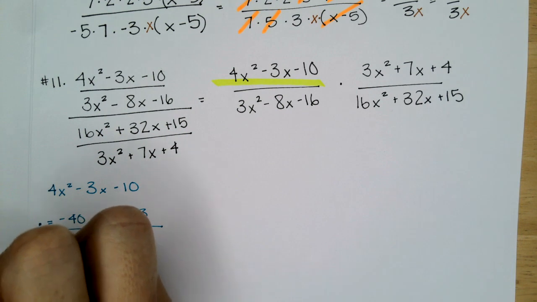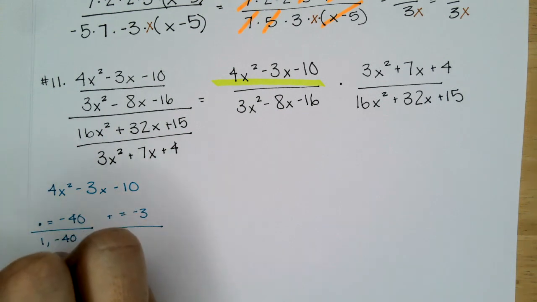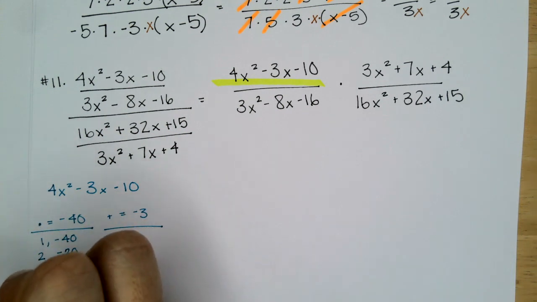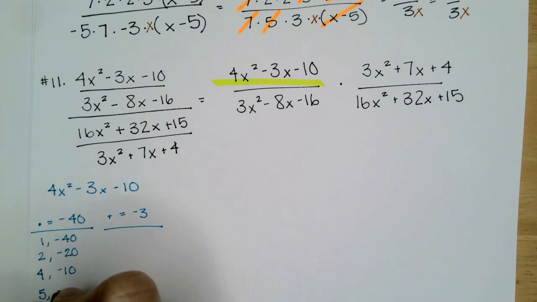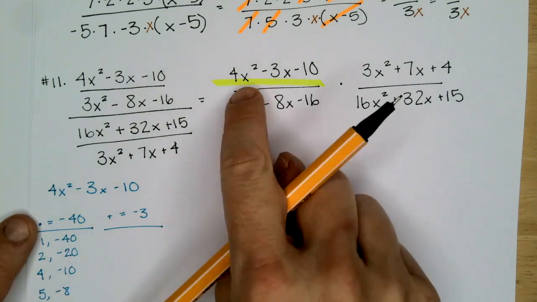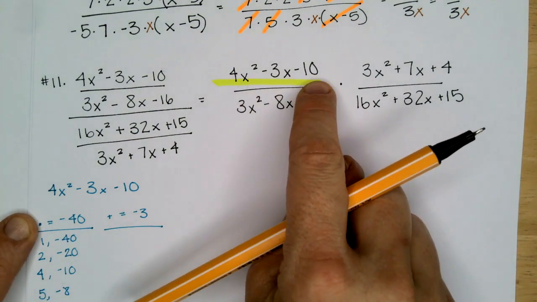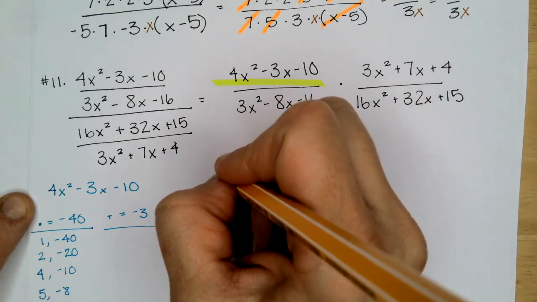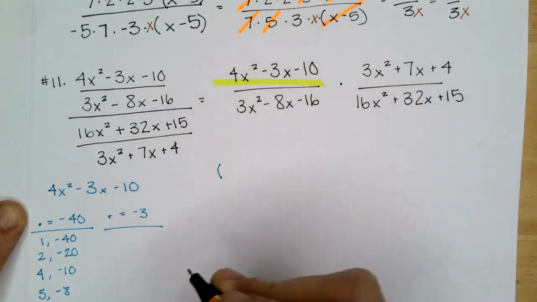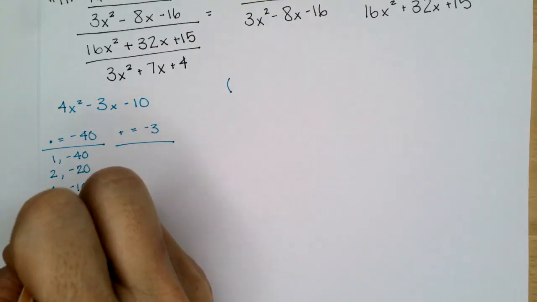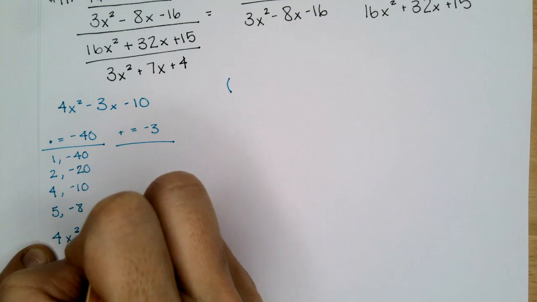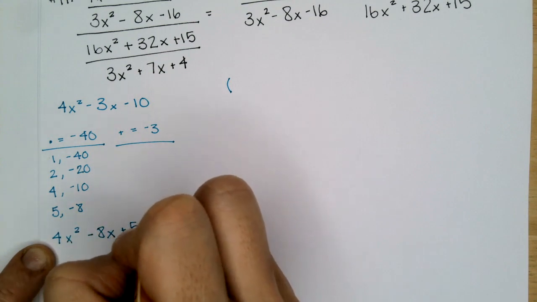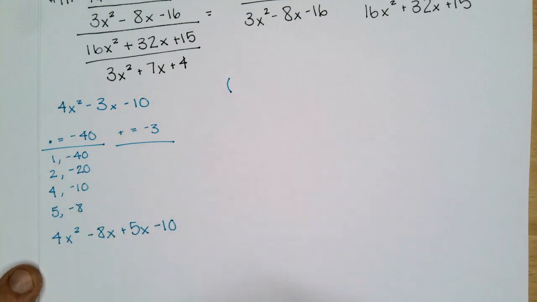So 1 negative 40, 2 negative 20, 4 negative 10, 5 negative 8, right? That one looks good. 5 negative 8. So 4x squared minus 3x minus 10 becomes 4x squared minus 8x plus 5x minus 10.